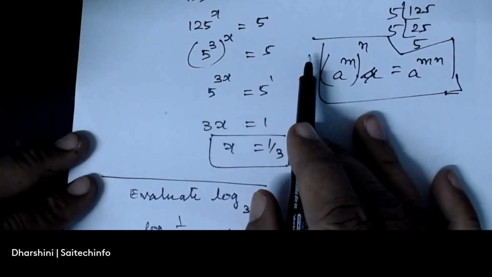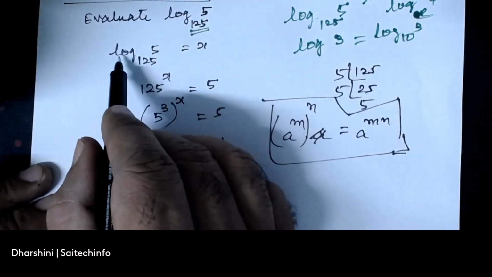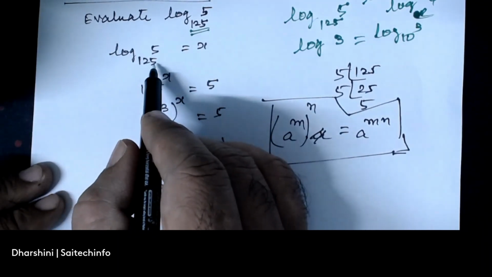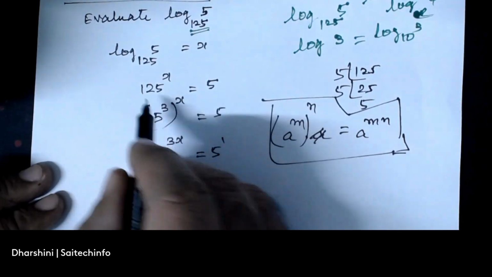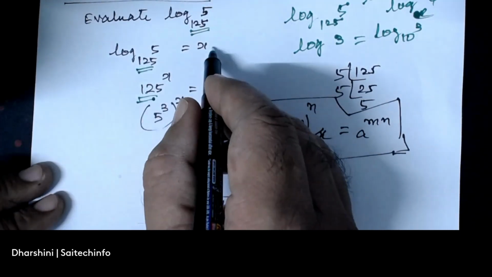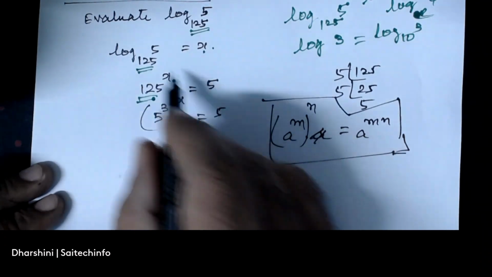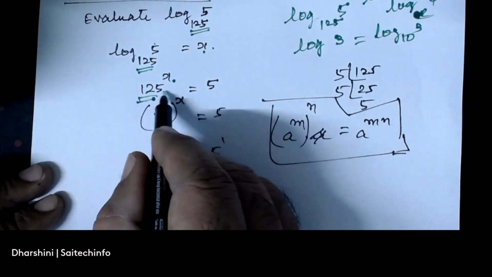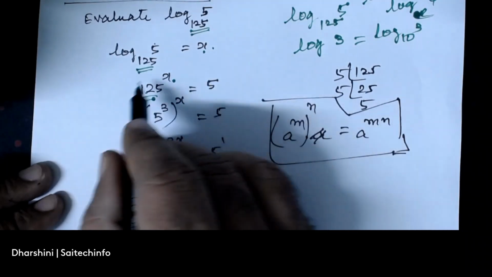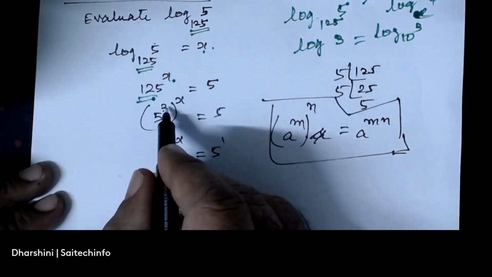Now, evaluate log 5 to the base 125. So put x, and 125 is the base, and power x. That is equal to 5, and 125 is the bigger number, so that can be factorized so that you get 5 cube power x.